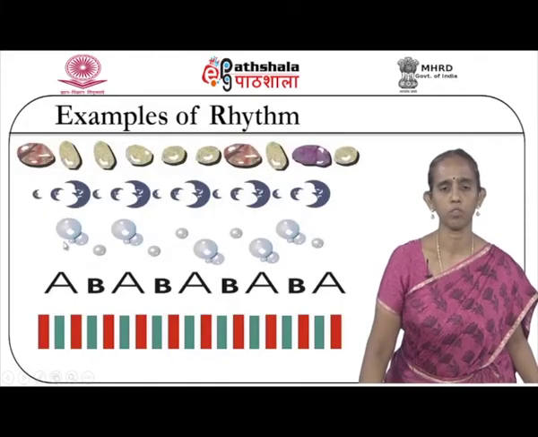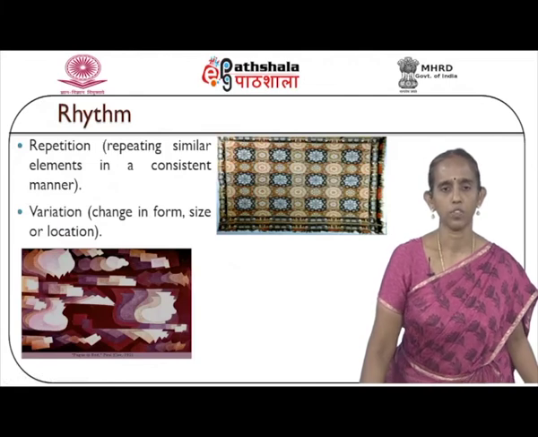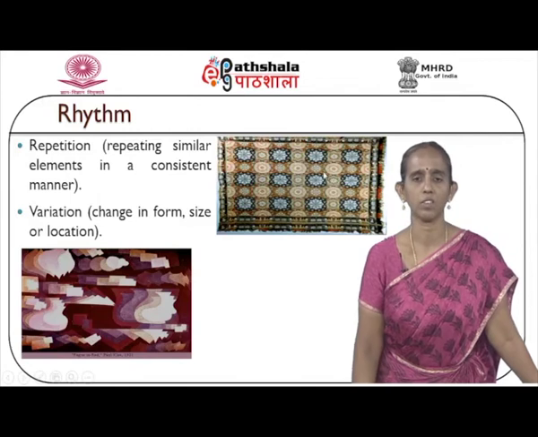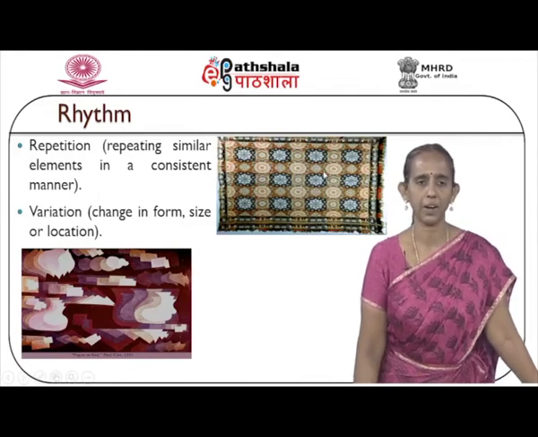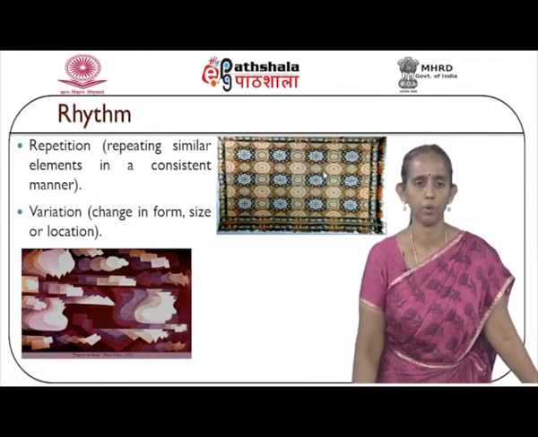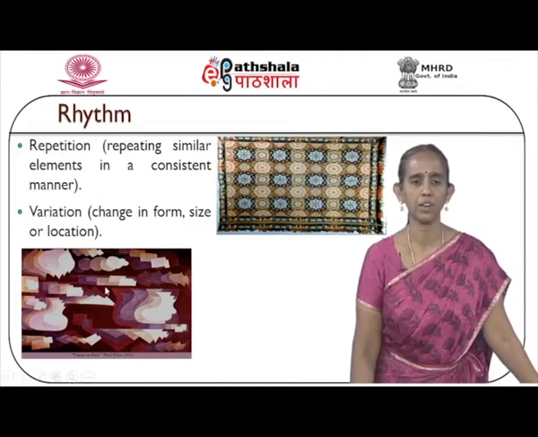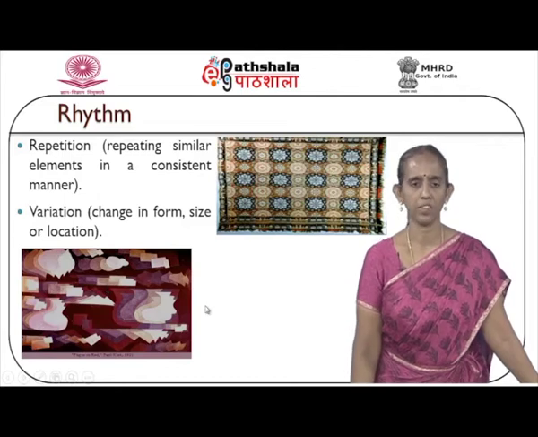If you look at this bubble, it conveys a feeling of motion within itself. So these are also examples of rhythm, wherein in this example we can see that a particular pattern is being repeated so many number of times, and here it is not the same pattern repeated but with varying form, size and location.